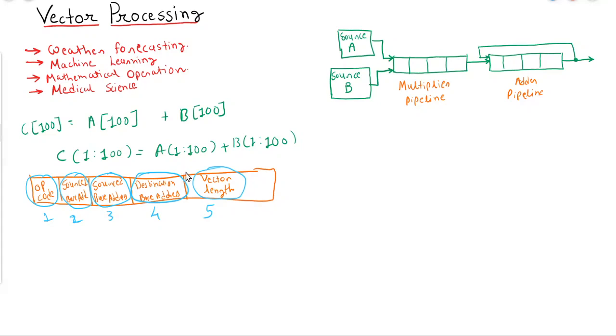Now how can it be helpful? For example, let's take a simple example of matrix multiplication. Let's say we have two matrices of 3 by 3.